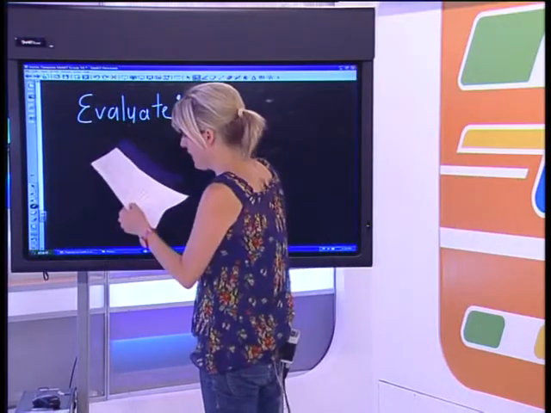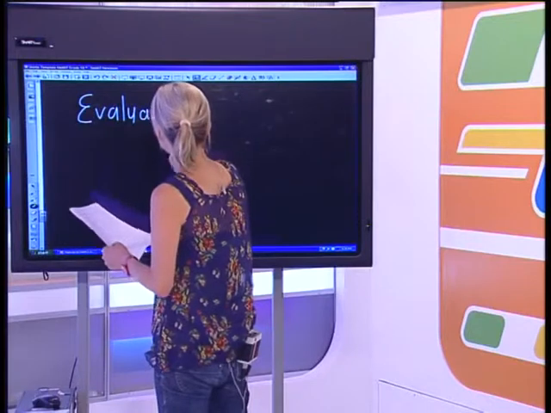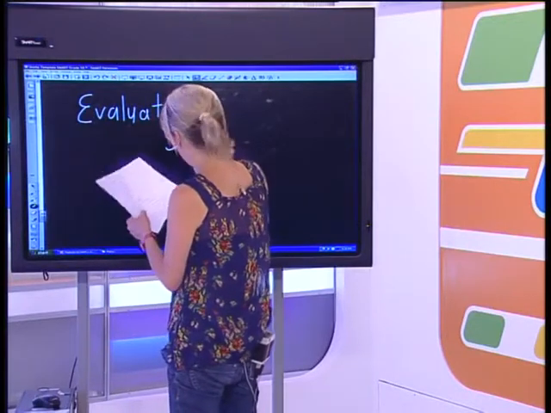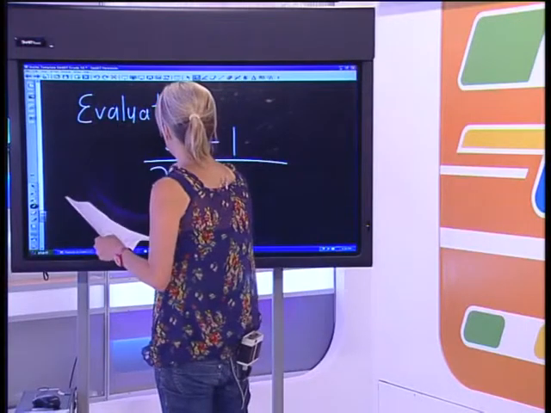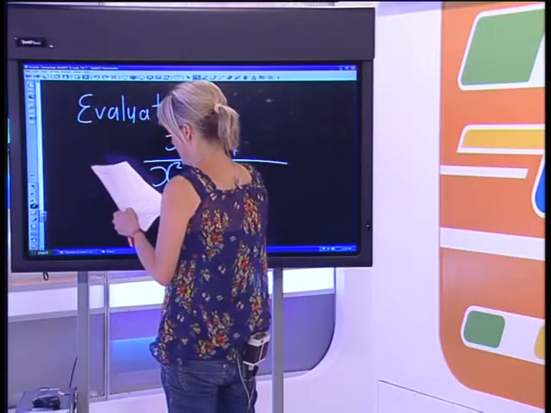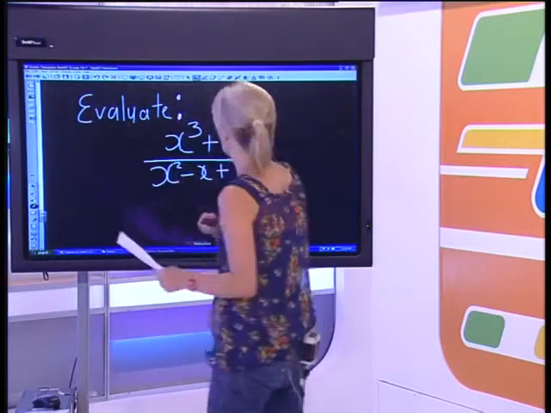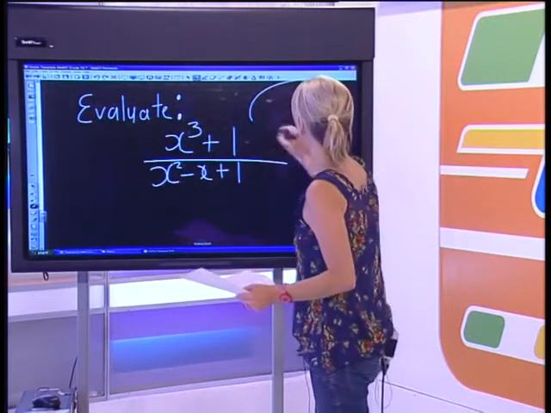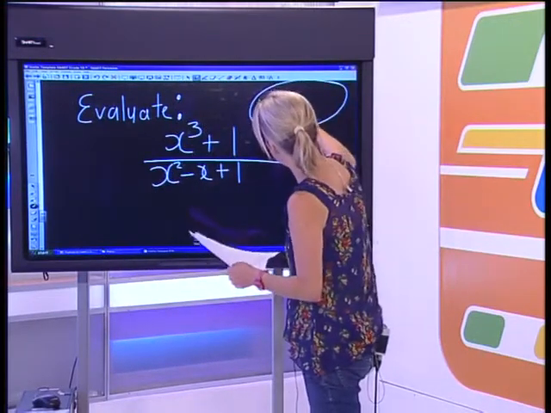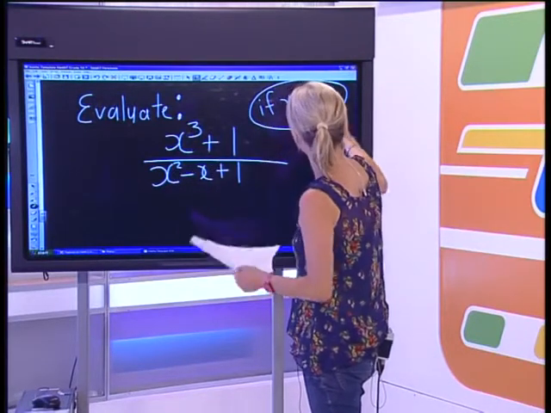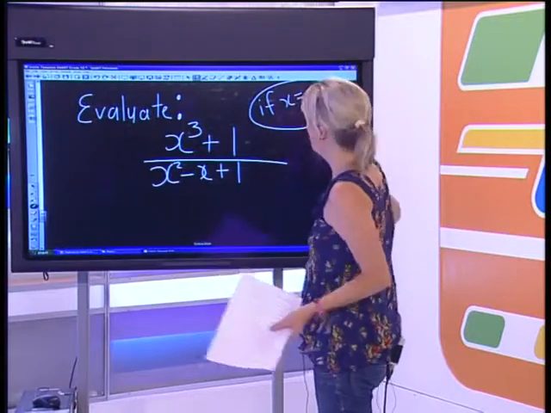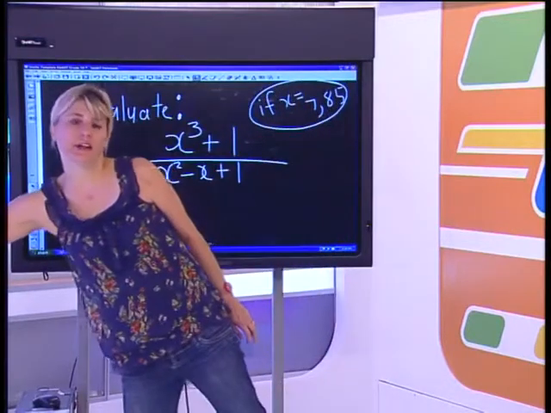Evaluate (x to the power 3 plus 1) over (x squared minus x plus 1) if x is equal to 7,85 without the use of a calculator.